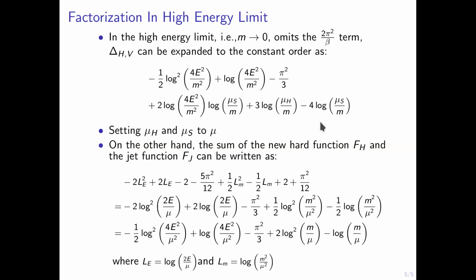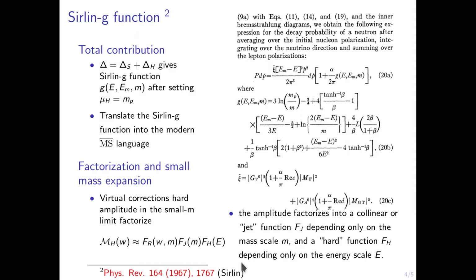On the other hand, we can see the new hard function FH and the new jet function FJ, and we just prove these are equal, which means the hard virtual amplitude can be factorized into a new hard function and a new jet function.